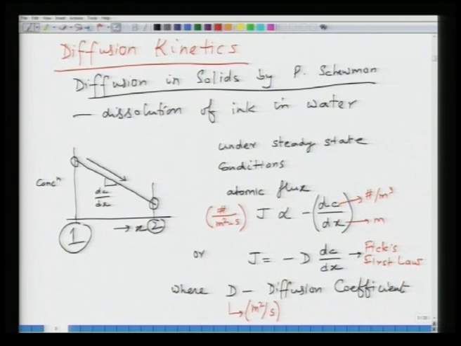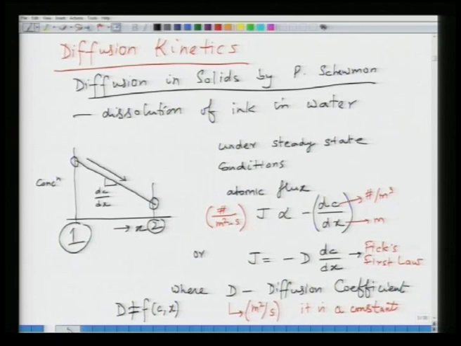Here we are assuming that D is a constant, which means D does not depend upon x, it is not a function of x. So, I can write, assuming D is not a function of C or x. Okay. So, it is independent of both concentration as well as temperature. So, this is the famous Fick's first law.